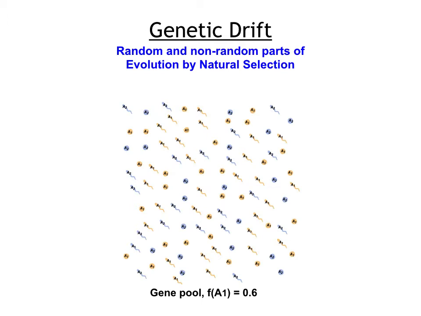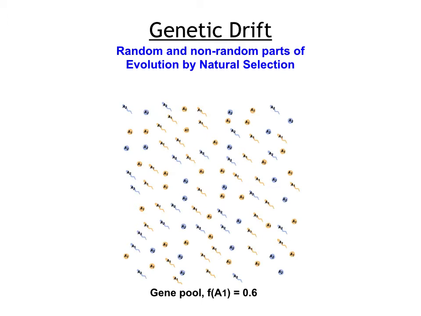Up until now, we've looked at mutation, how different kinds of selection contribute, and how migration all affect evolution.